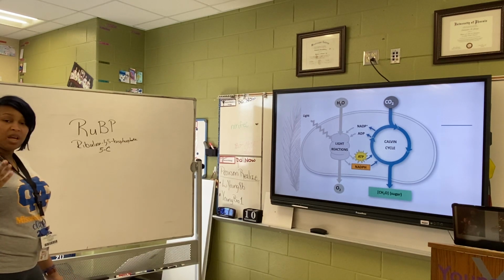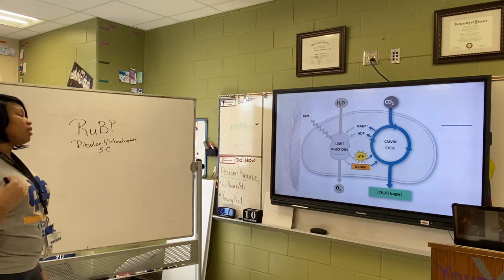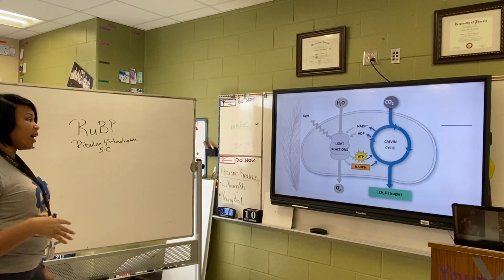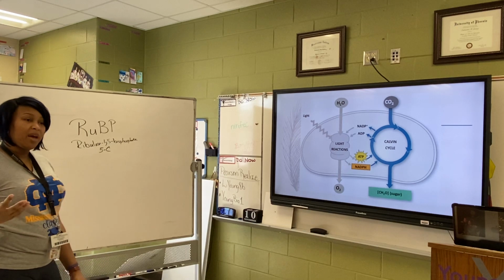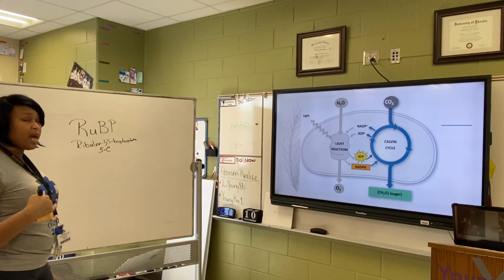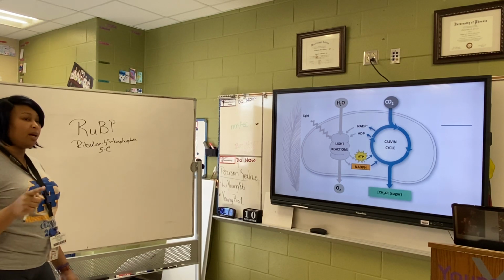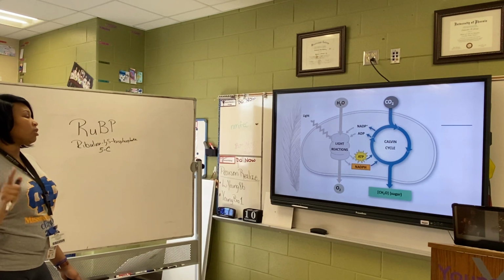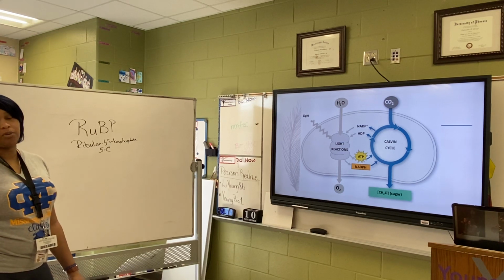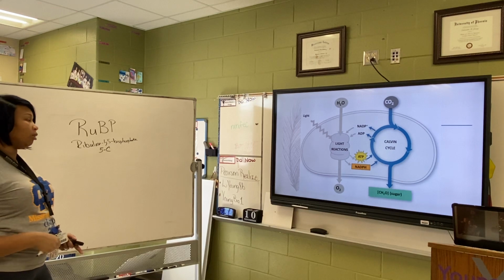And remember, that's a 3-carbon sugar, and glucose is a 6-carbon sugar, so that means this has to happen twice. So it's going to take a total of 18 ATP and 12 NADPH to produce 1 molecule of glucose. I want you to keep that in mind, especially when we start talking about cellular respiration and how much we get out of that glucose molecule, okay?